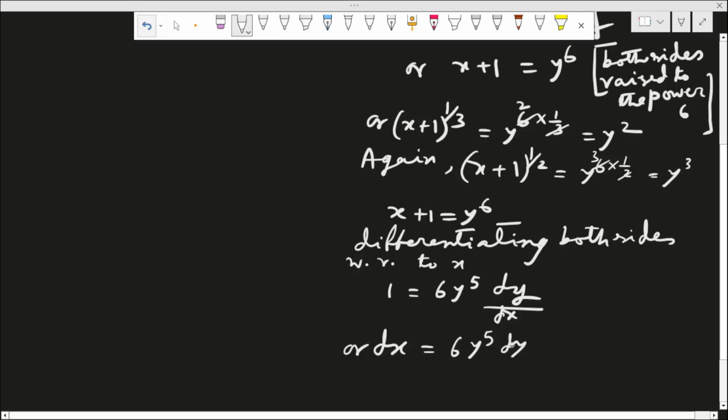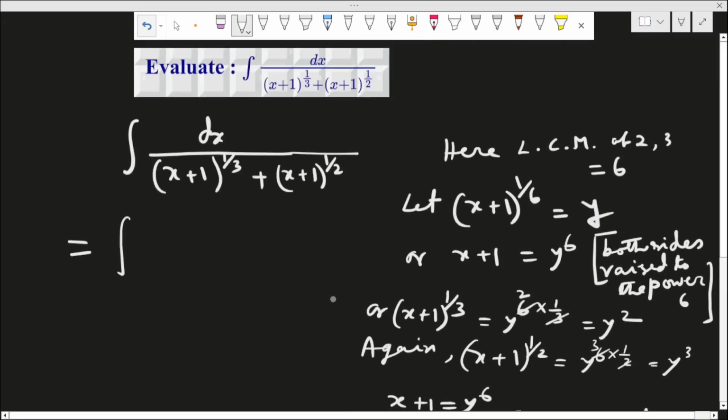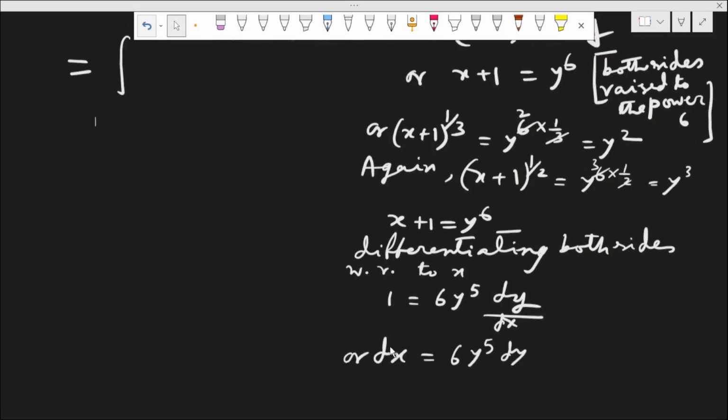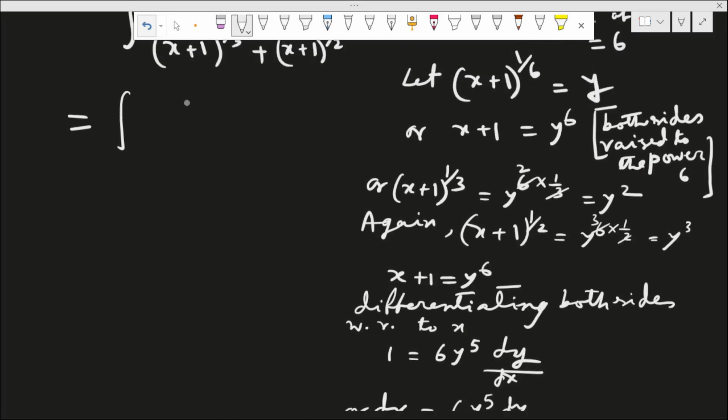Now we will substitute the values in the original integration. The value of dx is 6 y to the power 5 dy, x plus 1 to the power 1/3 is equal to y square, and x plus 1 to the power half is equal to y cube.